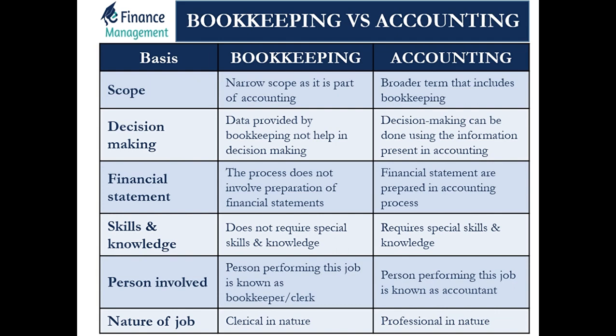Accounting involves the preparation of the financial statements. For bookkeeping there is no specific skill required, and simply a person who has the skill of recording journal entries and preparing ledgers can easily do bookkeeping. However, in terms of accounting, special skills and knowledge of analysis are required.